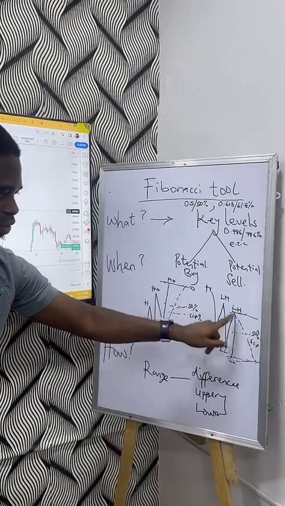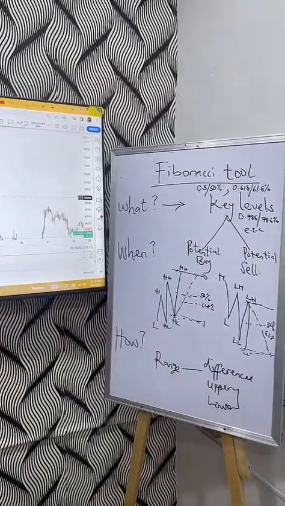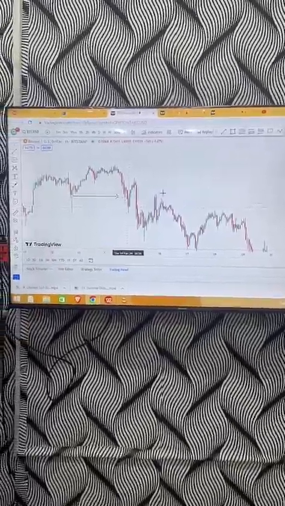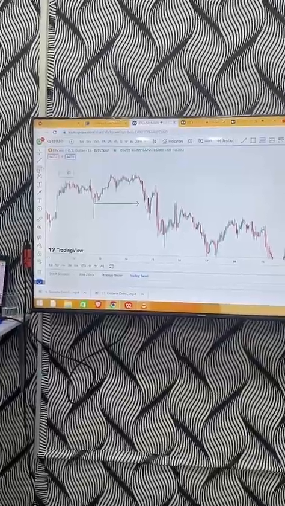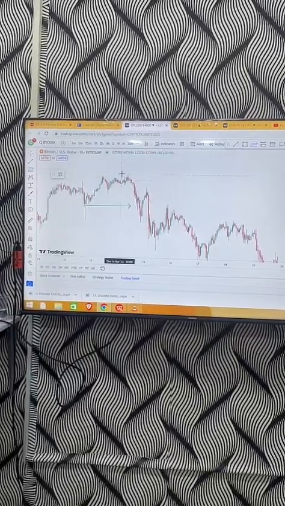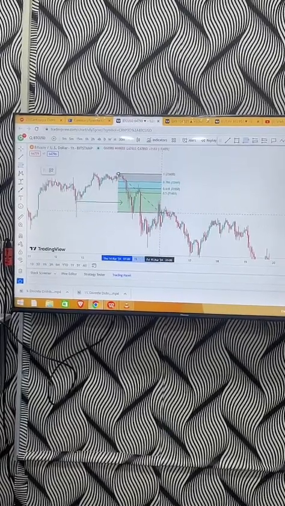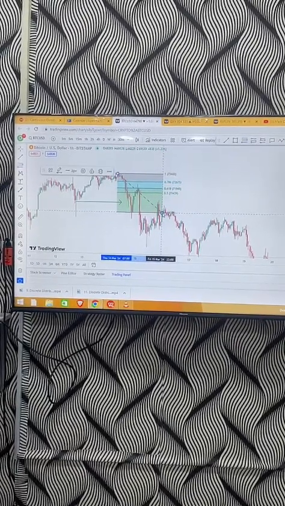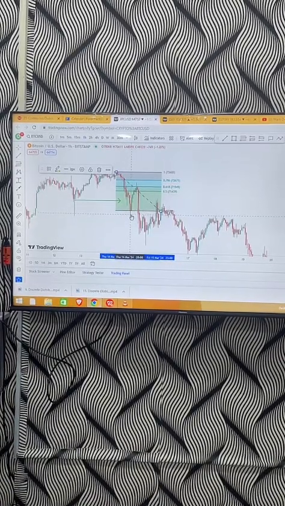So you draw from the higher high there to the lower low. Okay, so we are drawing from the high there to the lower low. So you pick your Fibonacci tool, and you draw from here to here. So that is from here to here, you can see.